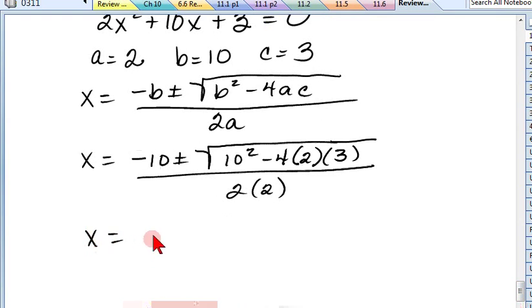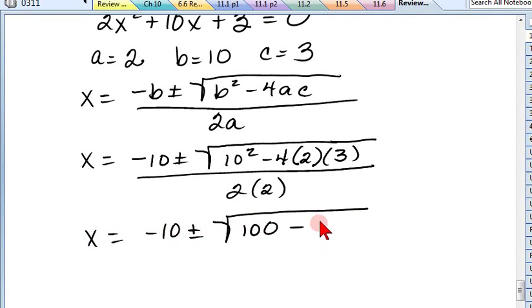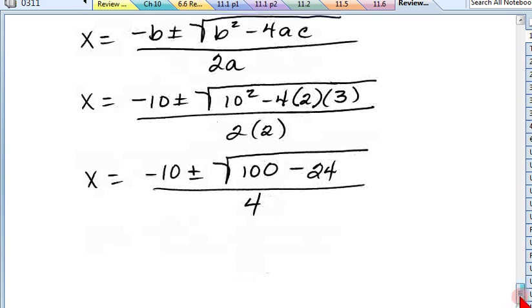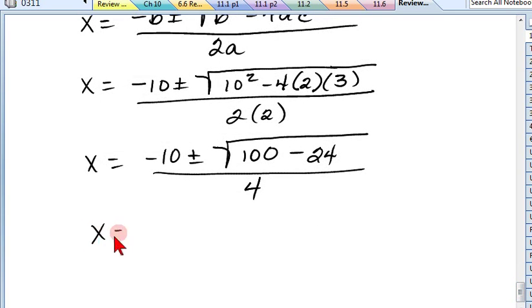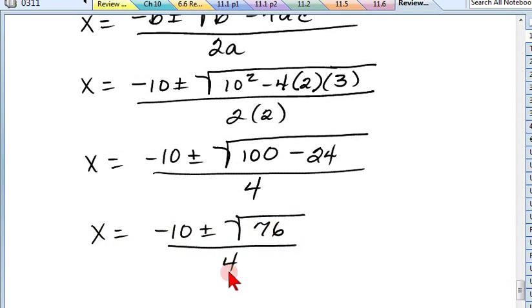So x is equal to -10 plus or minus the square root of 100 minus 24 all over 4, which gives me x is equal to -10 plus or minus the square root of 76 over 4.